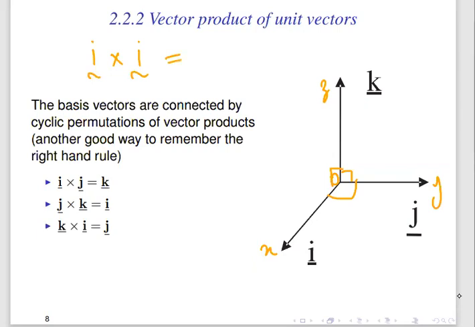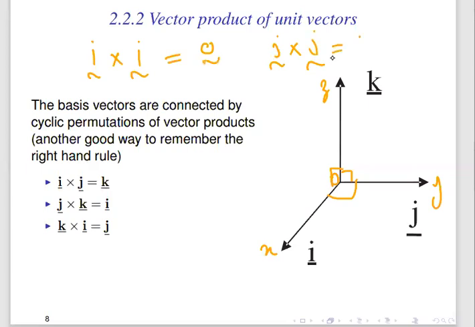When I take the cross product of I with itself, it is the zero vector, because they are parallel. So J cross J is also the zero vector.